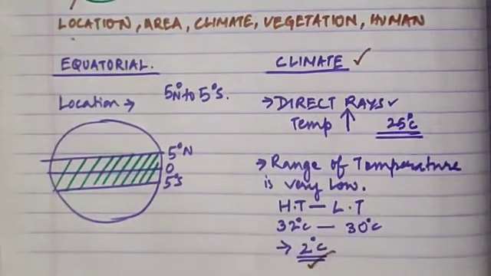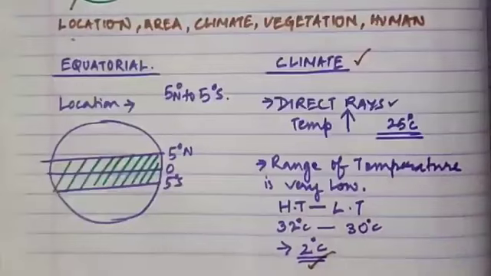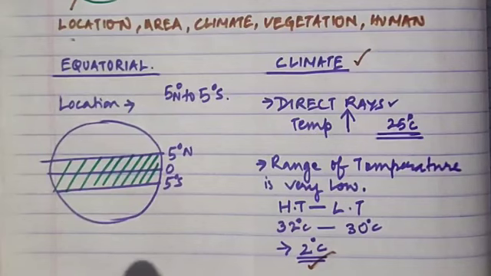Some other places, if you see, the range of temperature is very high. In the continental areas, the range of temperature will be very high. The summer temperature recorded can be 40 degrees Celsius, and the winter temperature recorded can be 5 degrees Celsius.